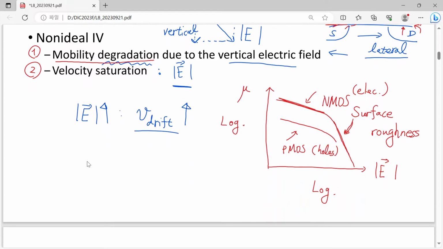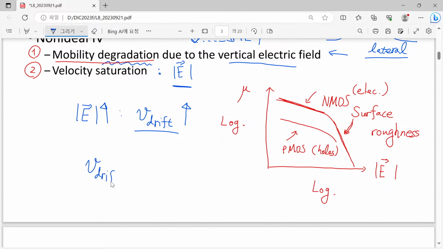And what we have assumed up to now was that drift velocity is proportional to the lateral electric field, and there appears a proportional coefficient called mobility, mu.